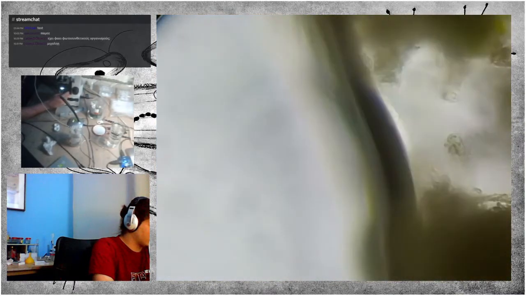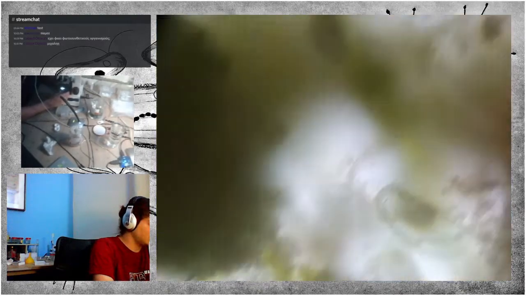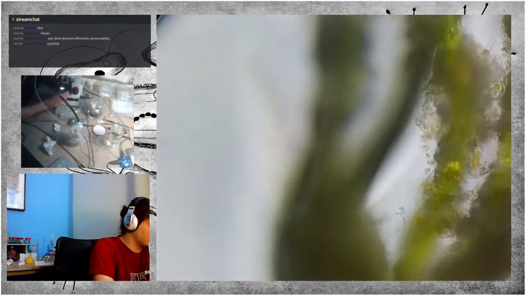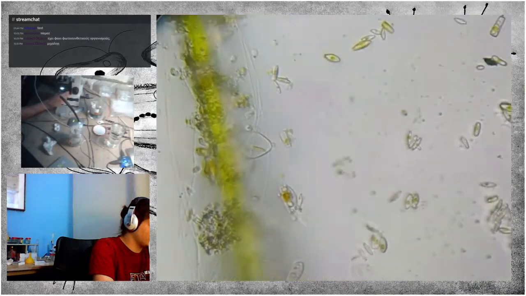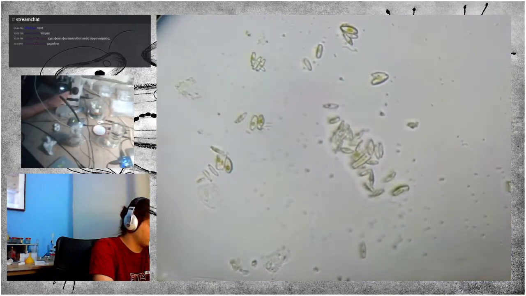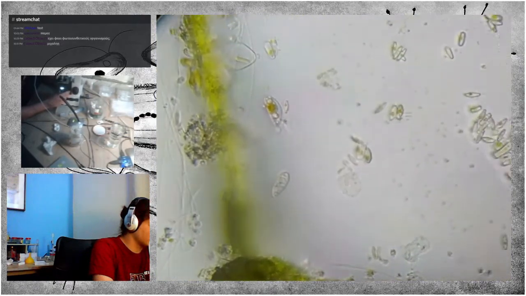Now we are on the edge of the water, and there doesn't seem to be anything very specifically exciting. Now here are a lot of dead or at least dying organisms.